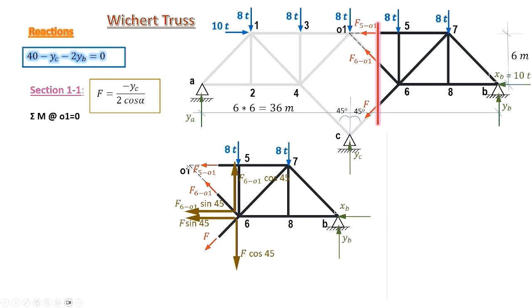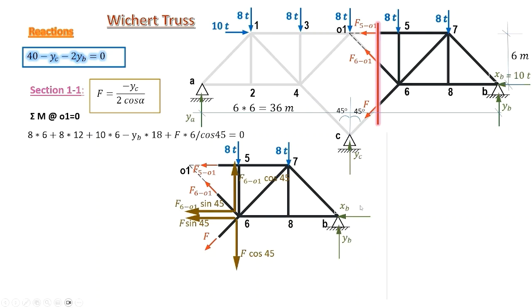Force 6O1 and 5O1 are cancelled as they both pass through the joint O1, and the only external force unknown is YB. So we have one internal force and one external force unknowns. We have our equation here. 8 tons at joint 5 multiplied by the arm 6 and another 8 at joint 7 multiplied by the arm 12.